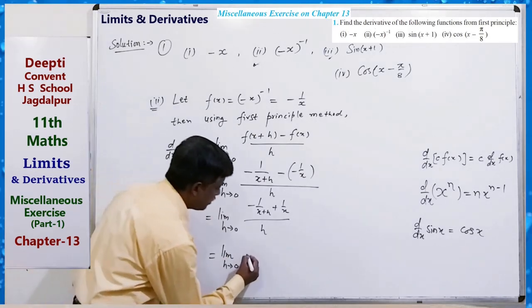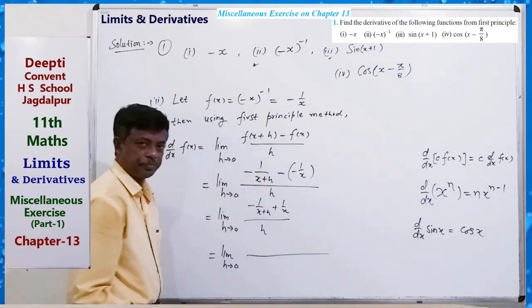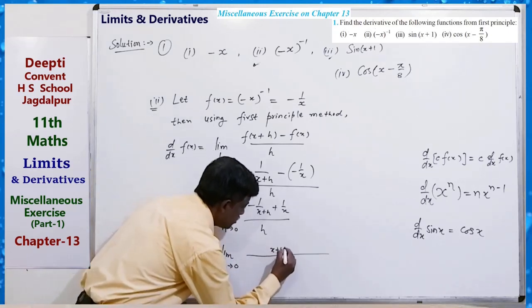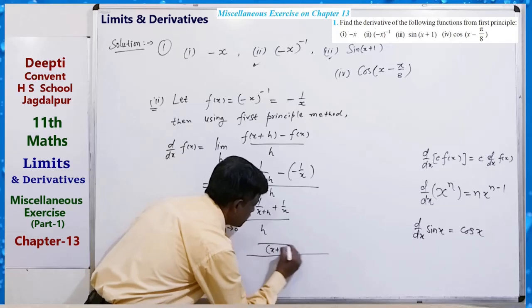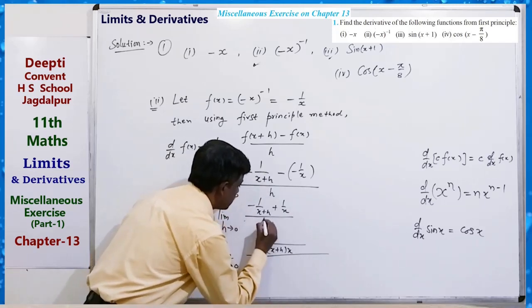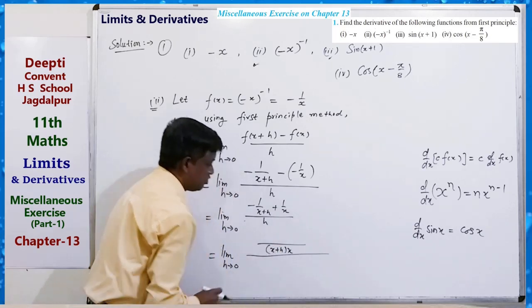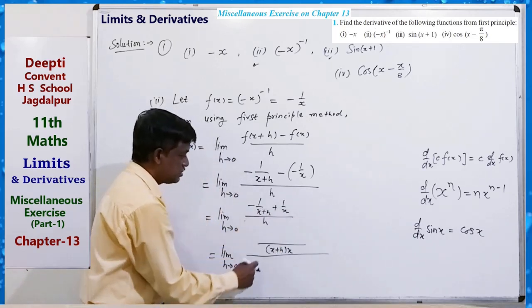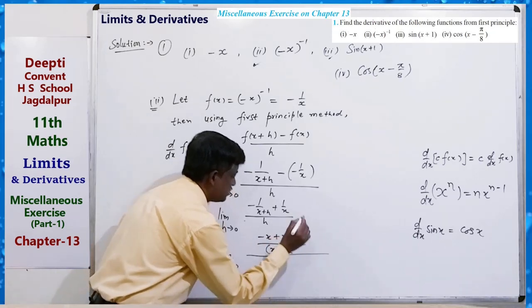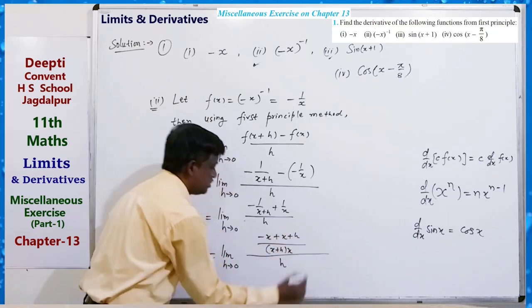So the denominator is x plus h into x, and the numerator is minus x plus h upon h.